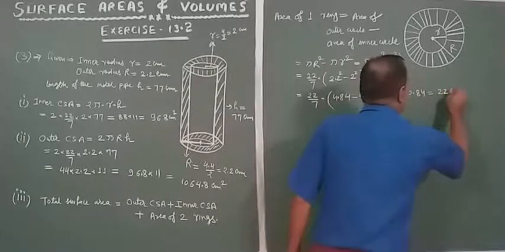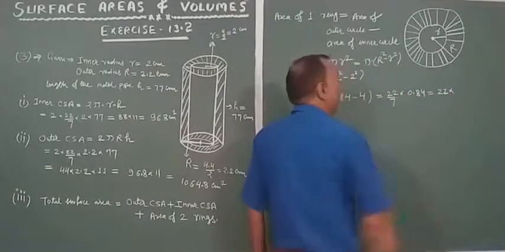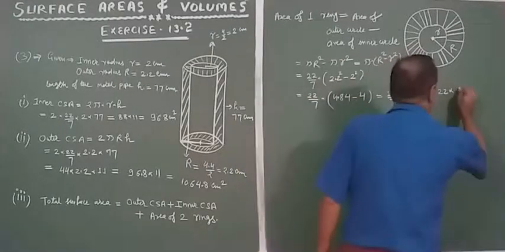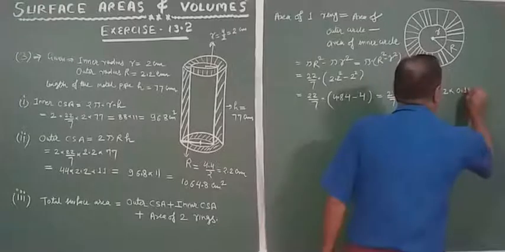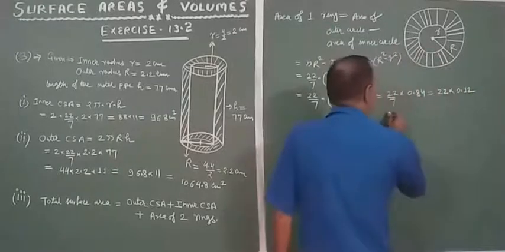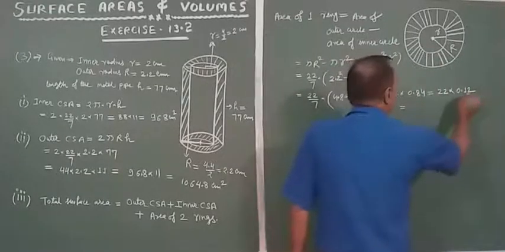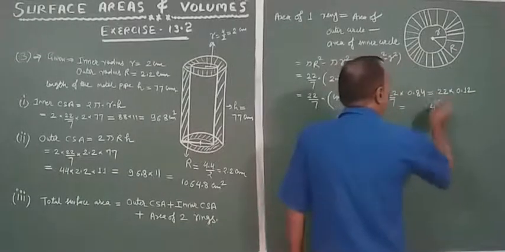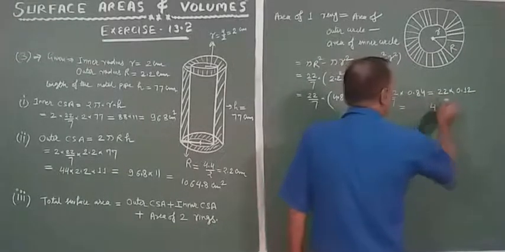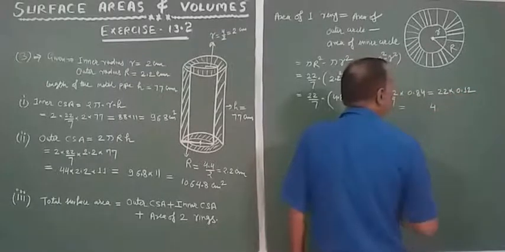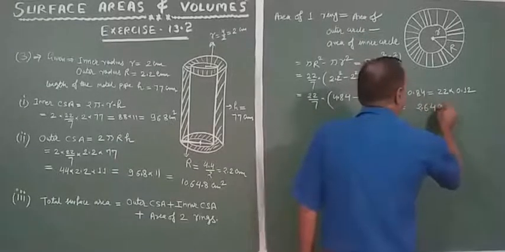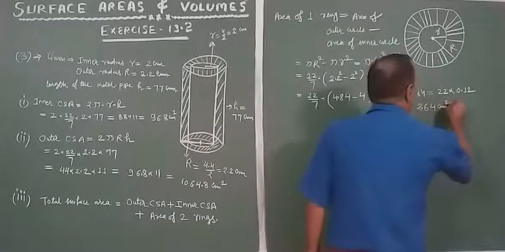So 22 into 0.84 divided by 7, which is 0.12. Now multiply them: 12 times 2 is 24. So 2.64 centimeter square.